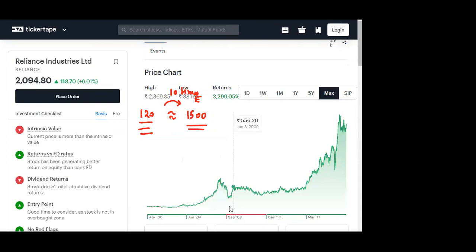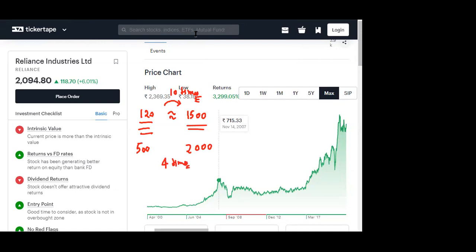August 2008, it is 500, and now it is around 2000. So this share price has increased by 4 times.